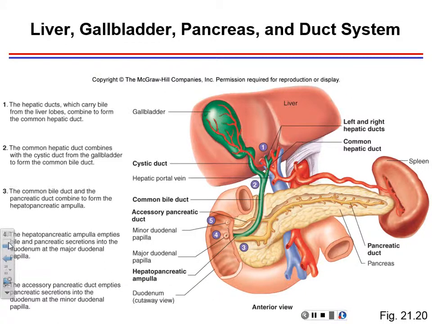And then this is the major duodenal papilla. And then you see some of the smaller accessory ducts of the pancreas open into the minor duodenal papilla, okay? So this is pretty much what we did in the lab, right? Pretty much in terms of conducting.